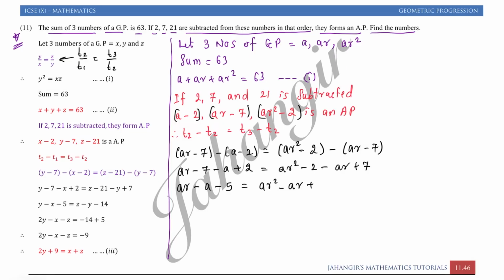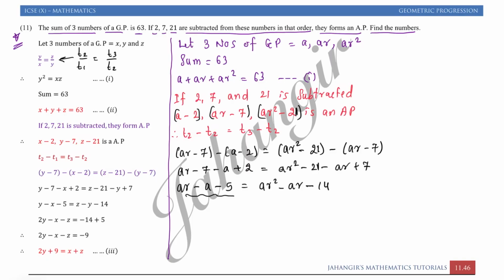Here I made a mistake. It is minus 21 plus 7, which is minus 14. Now we will shift all terms to the right so that we get the constant term on one side.